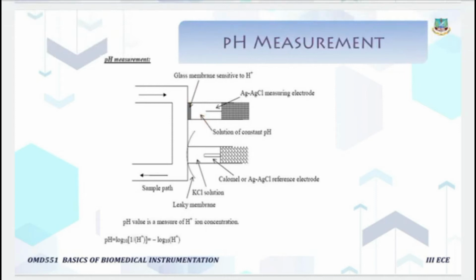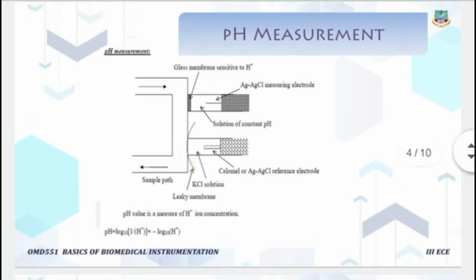As the samples pass through the chamber, the difference in H plus ion concentration on either side of the glass membrane changes the potential at the measuring electrode.